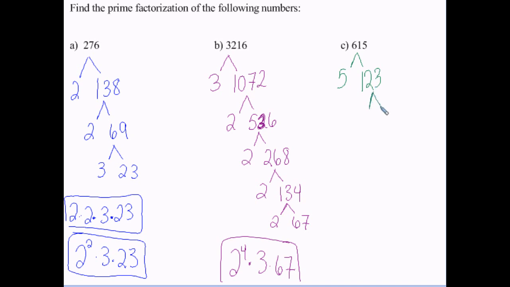Yeah, because when I add it together, I get a 6. So 3 goes into 12 4 times. And then 3 goes into 3 1 time. And then 41 should be 5. No. I don't think so.